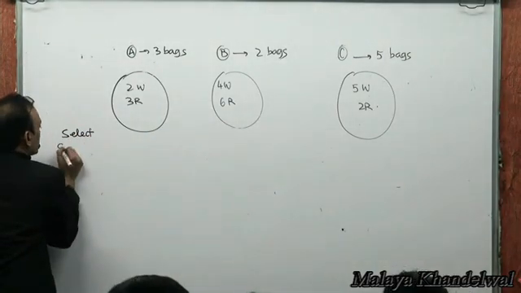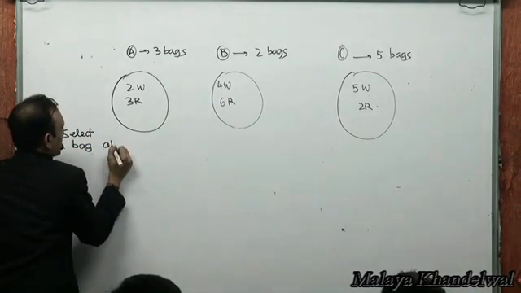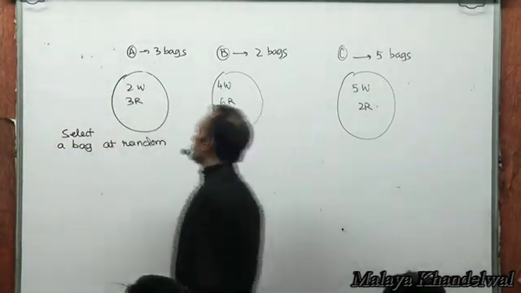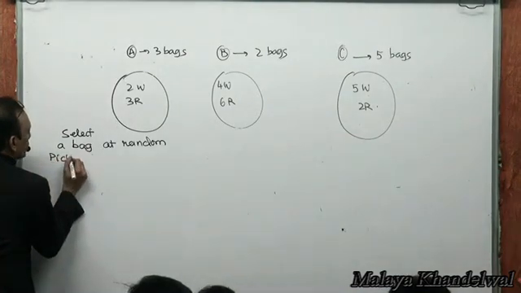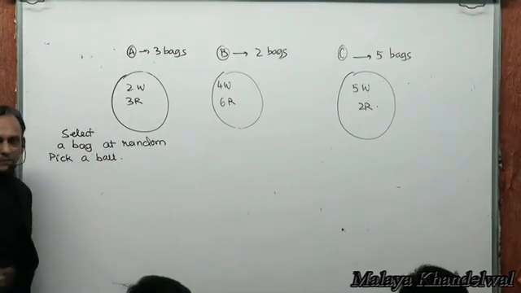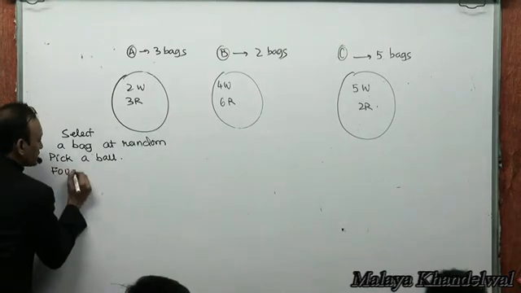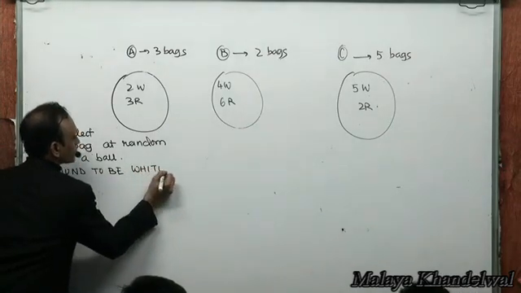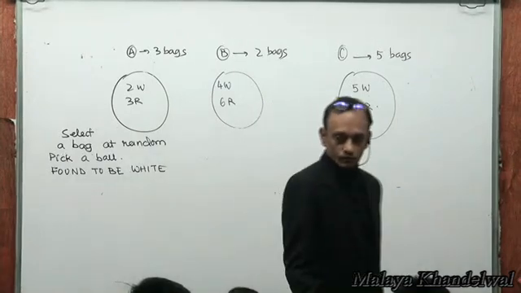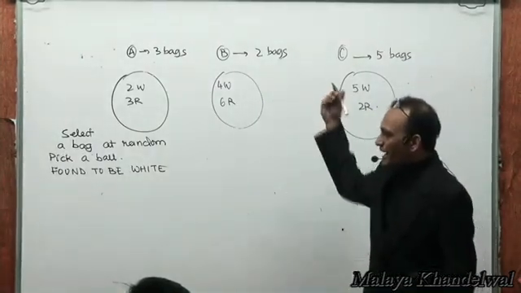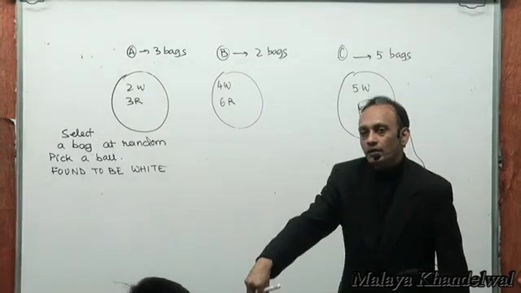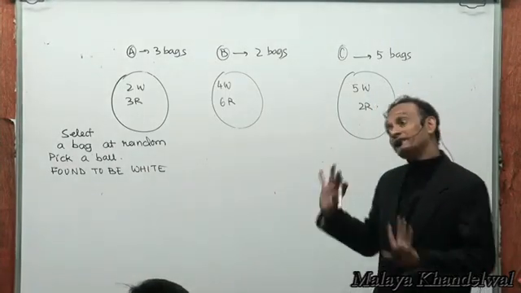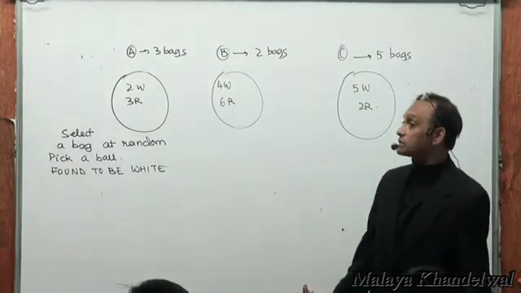Select a bag at random, pick a ball from that bag, and it is found to be white. I select a bag at random and then from the bag I randomly pick out a ball and I find that it is white. I know that this event has occurred.